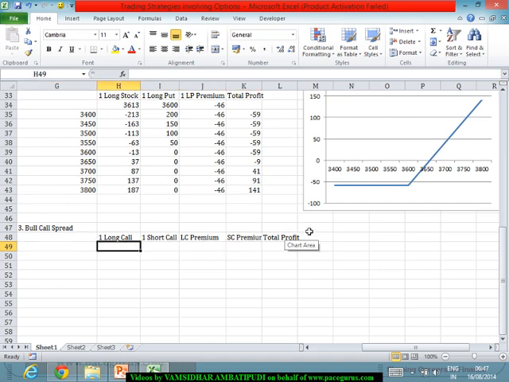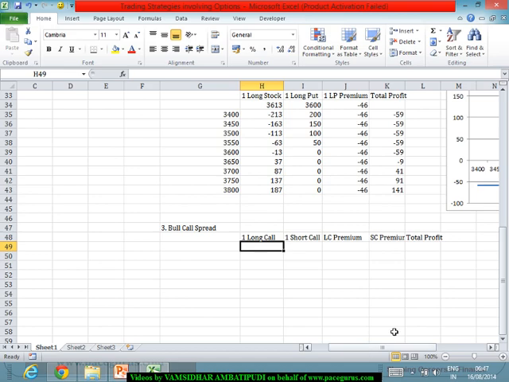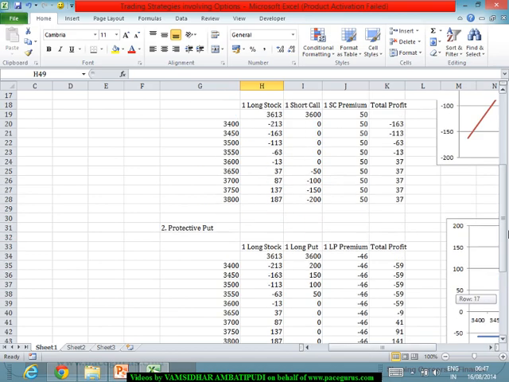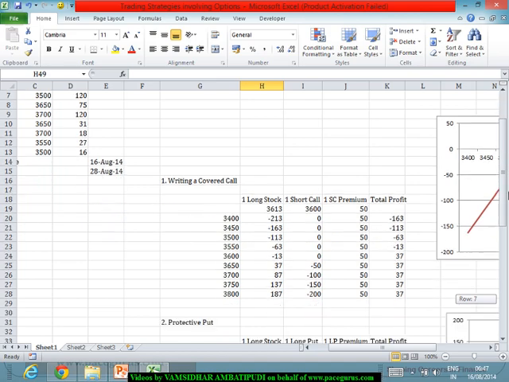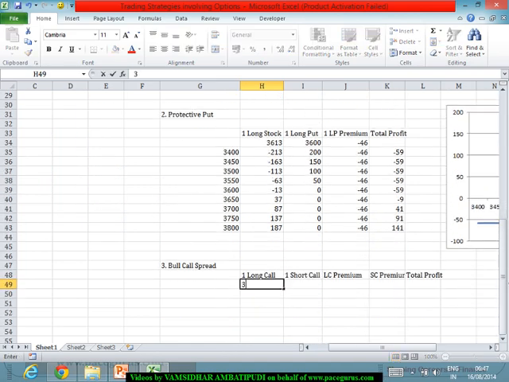Now again the same logic. I want to know the long call, what strike price. I'll take the long call this time at 3,550, but a short call should be at a higher strike price, so I'll take it at 3,600.